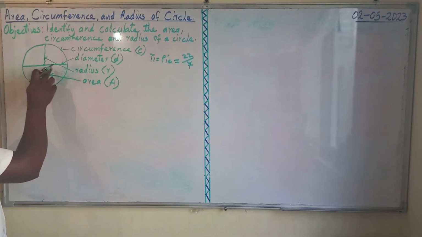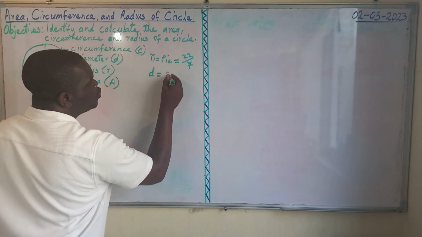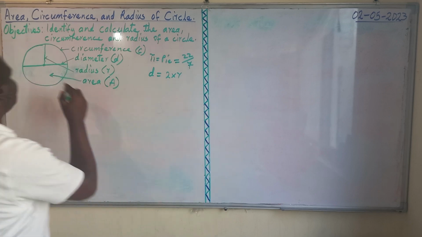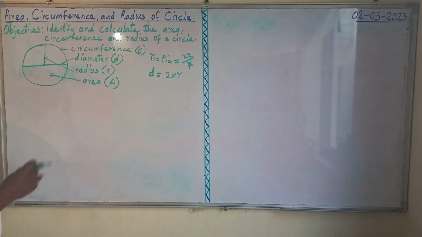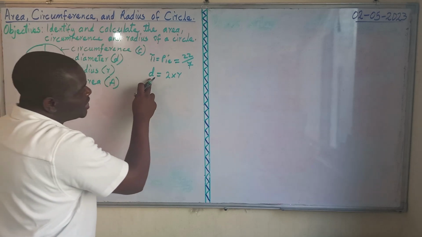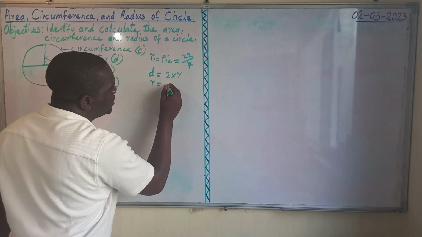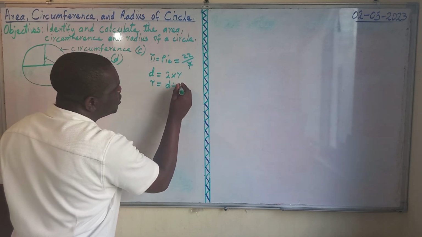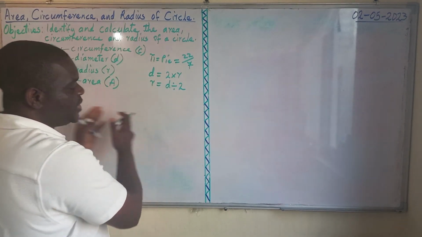If you look at this carefully, you'll realize that the diameter d is equal to 2 times radius. So if you take this radius 2 times, it's going to cut across and it will give you this diameter. And if diameter is equal to 2 times radius, it means the radius is equal to diameter divided by 2. Take note of this because we are going to be using this concept as we go along.